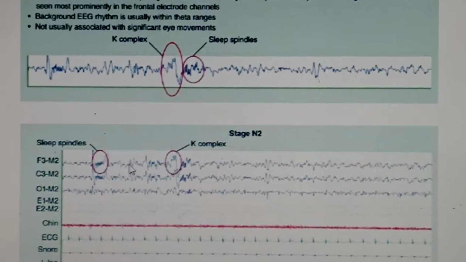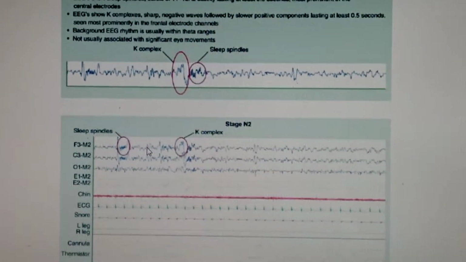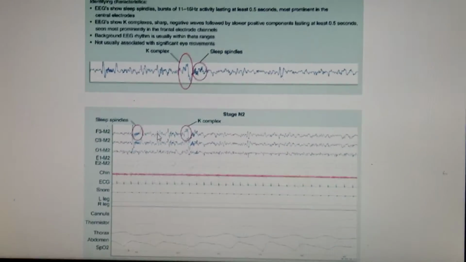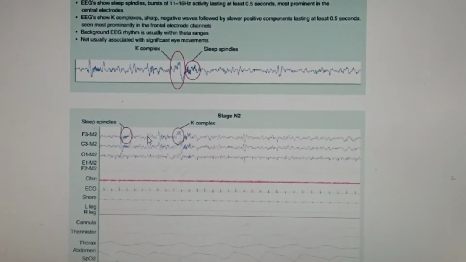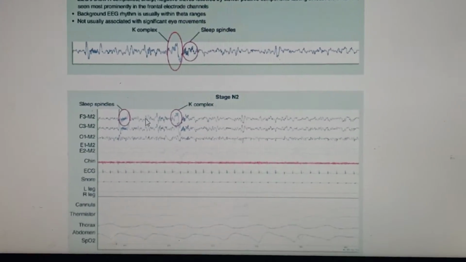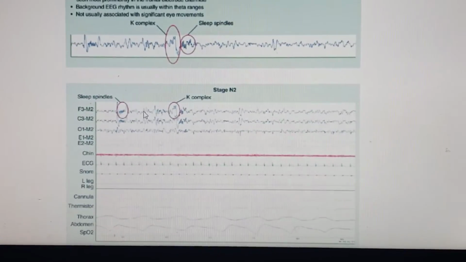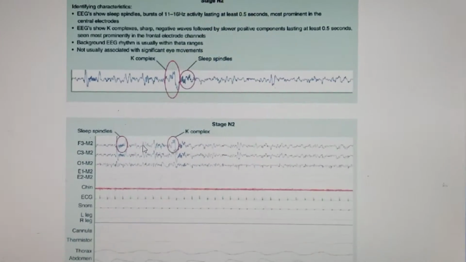On the basis of these sleep spindles and K complexes, and the chin tone also low, and there are no slow eye movements here, you will score this epoch as N2 pattern.